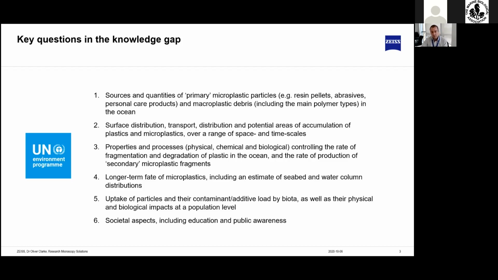And clearly this is one organisation's point of view, but it is interesting that a lot of the questions they've highlighted here are questions that are only going to be answered by microscopic investigations of what's happening in our environment.